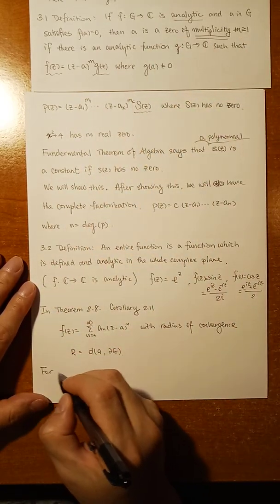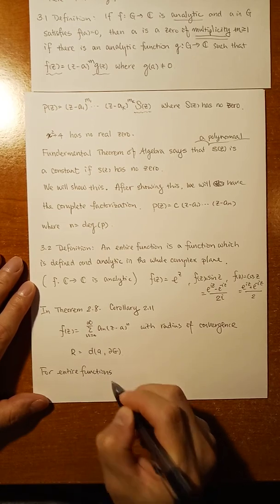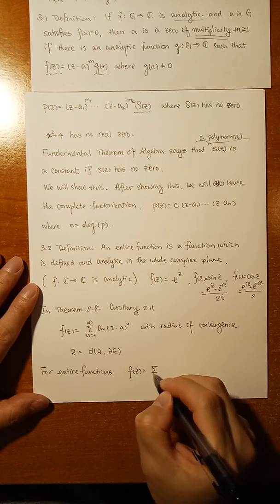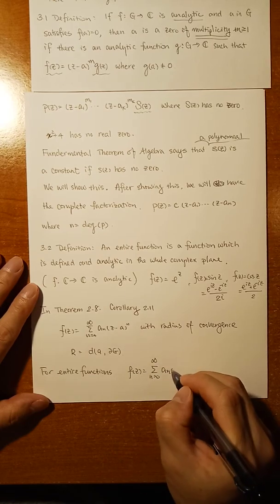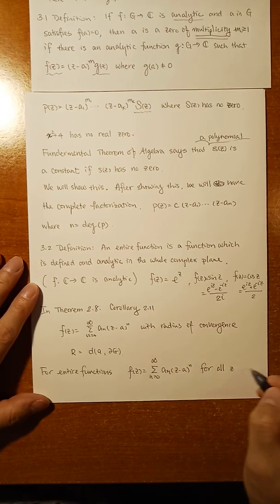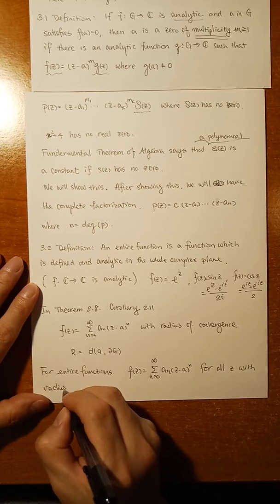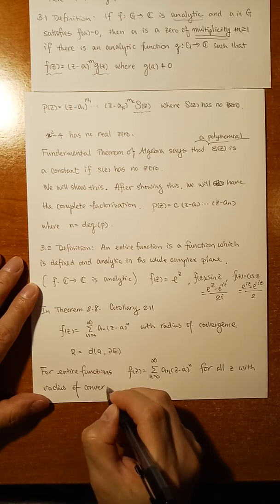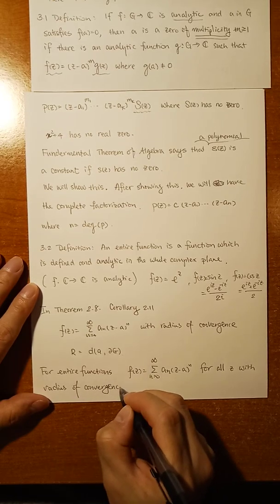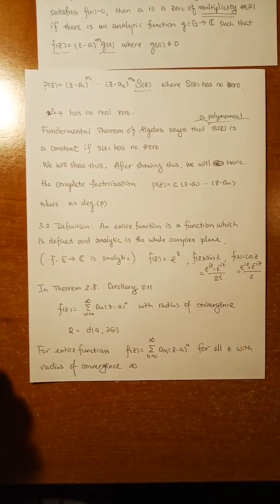So for an entire function, f of z is always equal to the power series with radius of convergence infinity. Radius of convergence infinite just means it is always convergent. All right, that's the best function. We don't worry about the convergence at all.